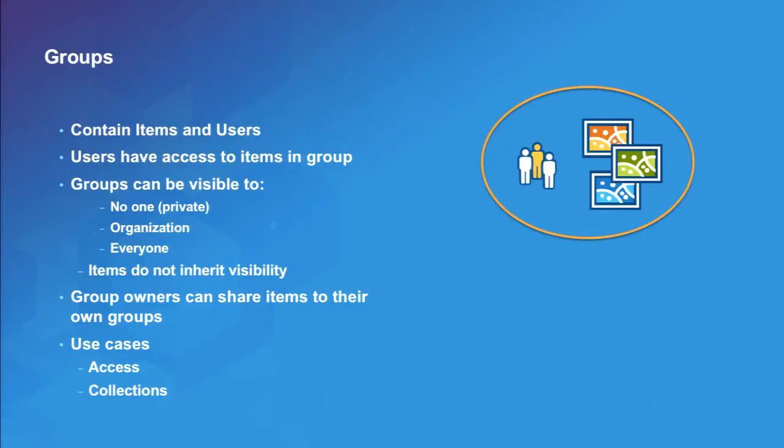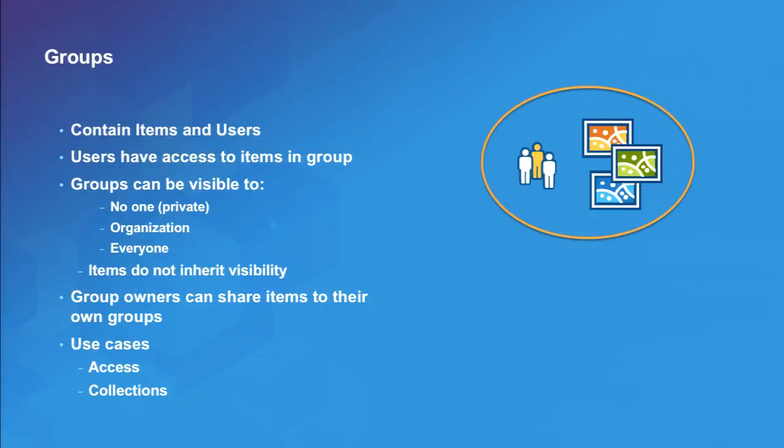So it's not like if you put an item within a public group that it automatically is public. That has confused people in the past, so I just wanted to mention that. So if you actually want to expose a public group that anybody can see with information in it, with different items, you have to make sure that all the items within that group are public also.